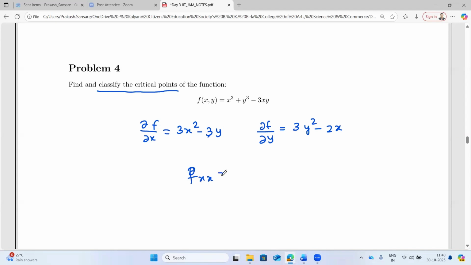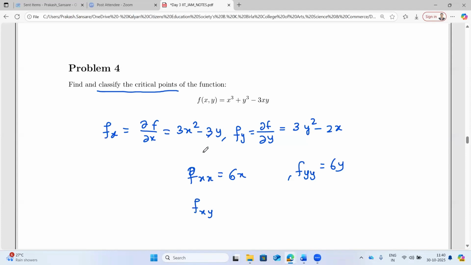Fxx will be 6x, fyy is equal to 6y. This is fx, basically, and this is fy. And what will be the fxy?